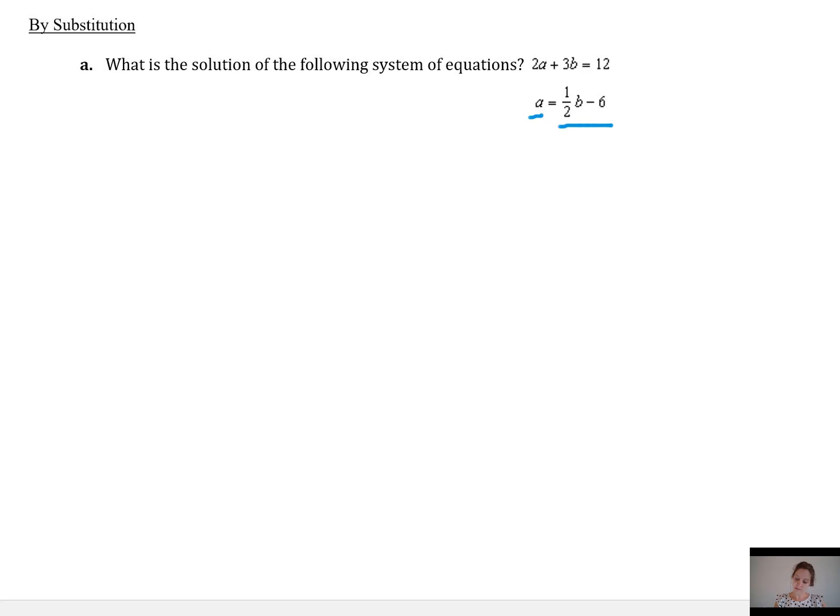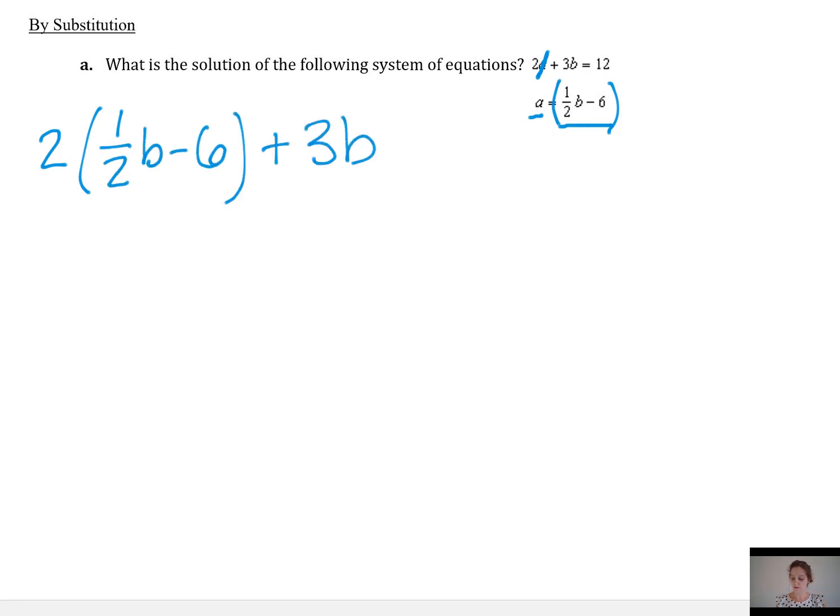And so we're going to substitute in that expression into the a up here, 1/2 b minus 6. And what happens then is this first equation has only one variable. And I can solve an equation with one variable. So can you.